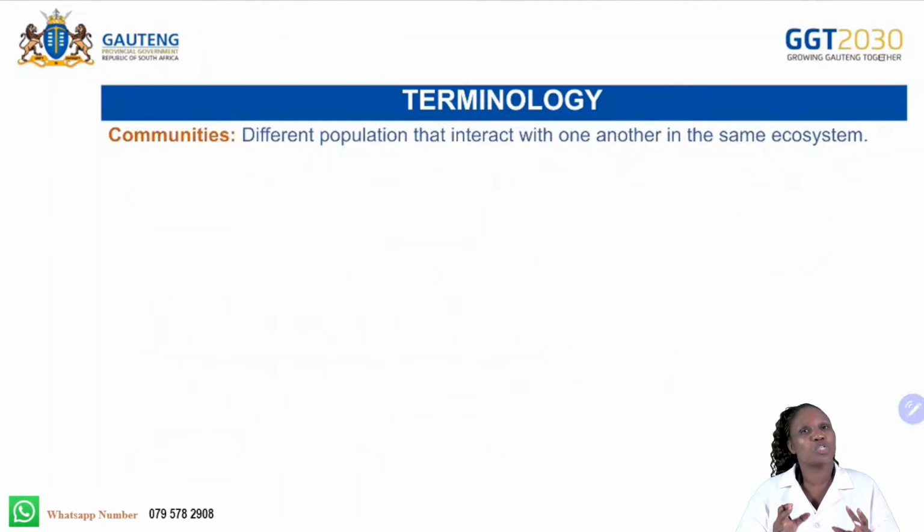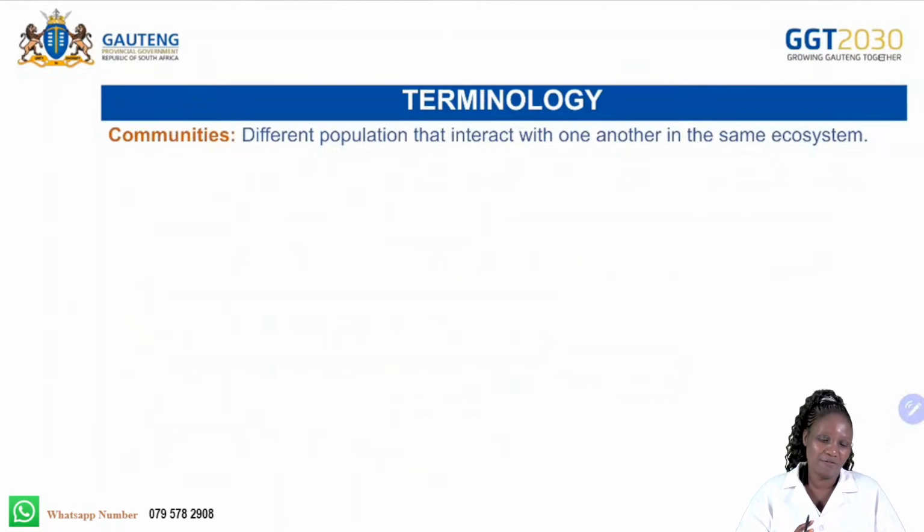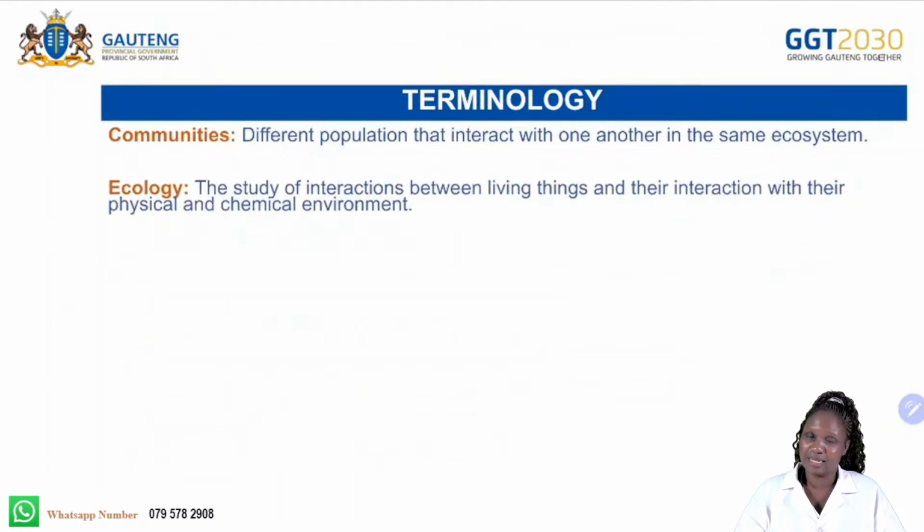It is because all these different types of animals are drawn together to the water hole because they want to come and drink water in a river. Therefore, you will most likely find a community. And what did we say a community is? It is different types of animals in the same ecosystem.